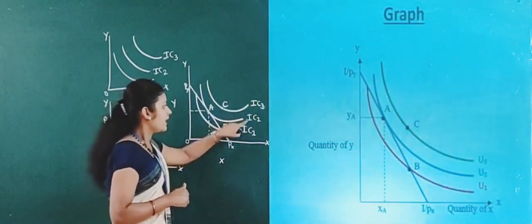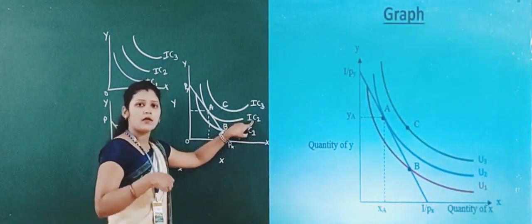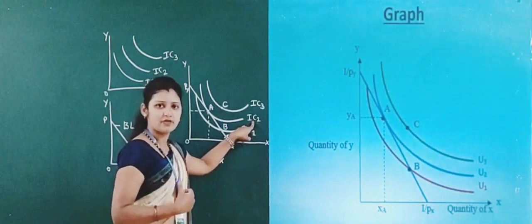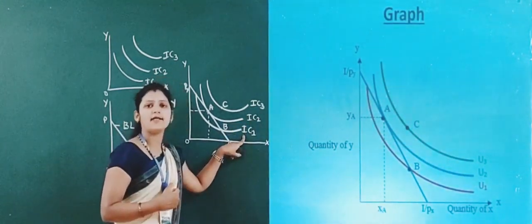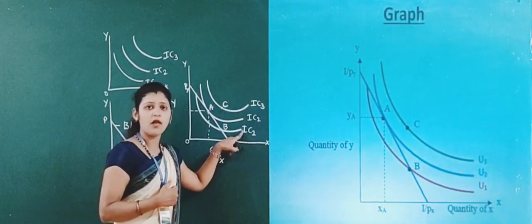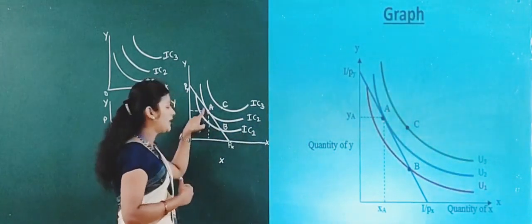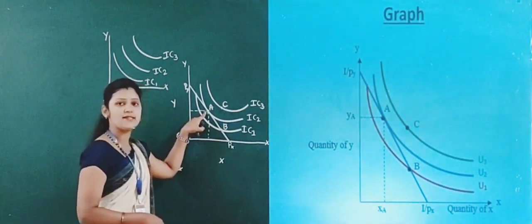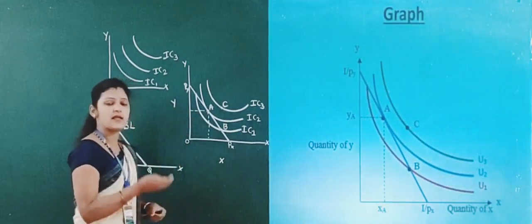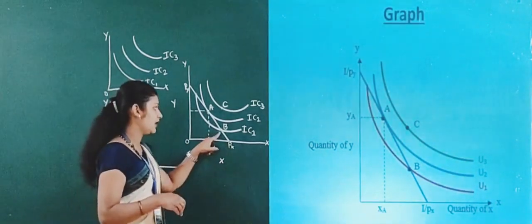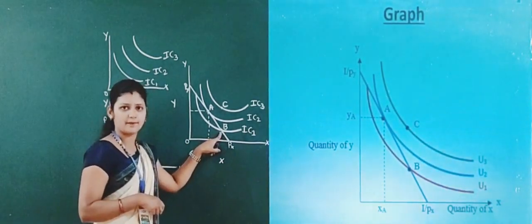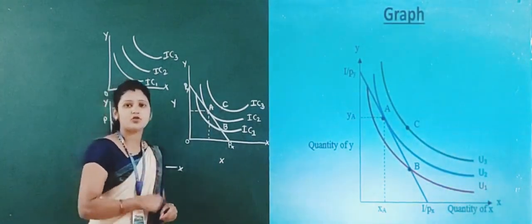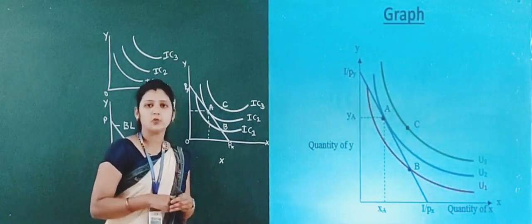Okay, see here, IC2 will give us a higher level of satisfaction compared to IC1. Here the optimal choice A will give us more satisfaction compared to point B. Yes, that is why point A is the best choice for a consumer.